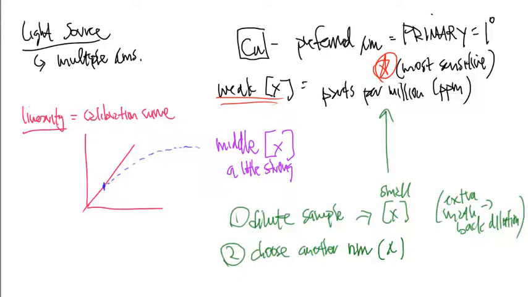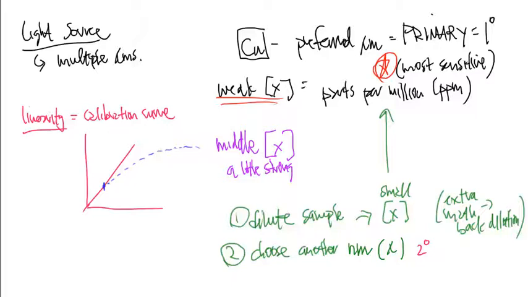Okay, if we choose another wavelength, we don't call it the primary wavelength. There is a second best option that's available to you for some of these atoms, and that's what we call the secondary wavelength. So I'll put a 2 with a little dot up above it.